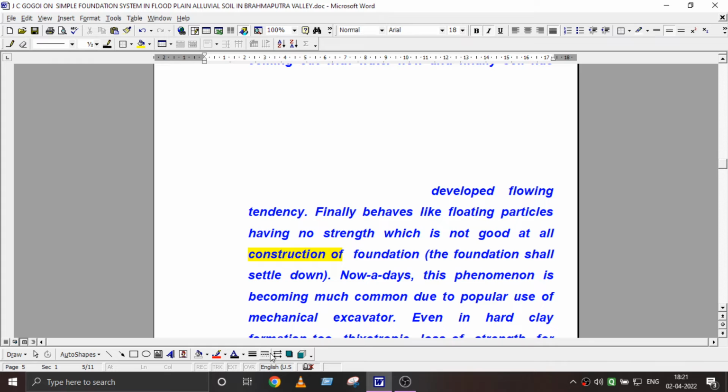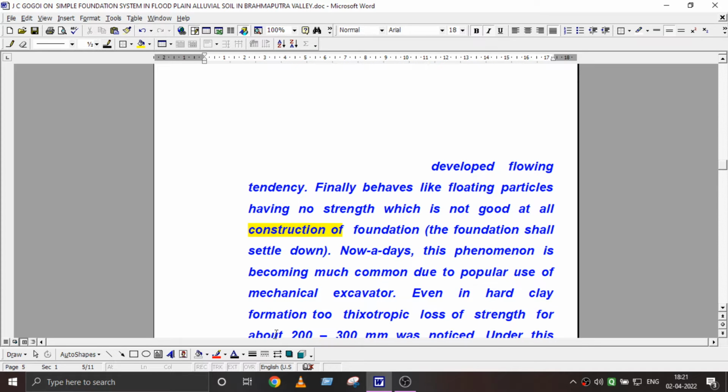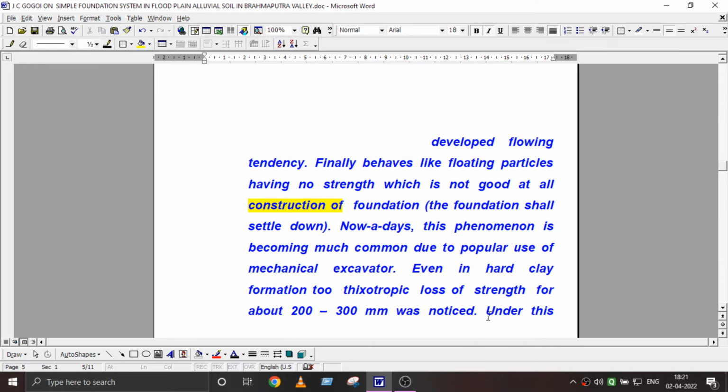In mechanical excavation, even in hard clay formation, thixotropic loss of strength of about 200 to 300 was noticed.